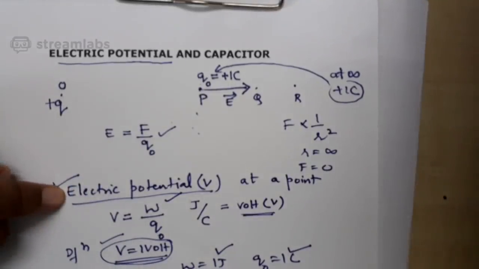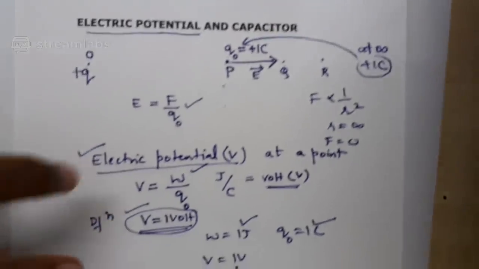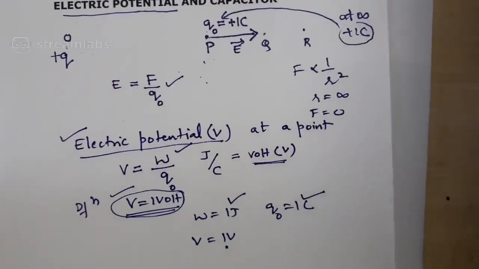Electric potential at a point is defined as the amount of work done in moving a unit positive charge from infinity to a point under consideration against the electric field. Electric potential at a point is said to be 1 volt if 1 joule of work is done in moving a unit positive charge from infinity to a point under consideration against the electric field. So I think these two definitions are clear to you. So let me proceed.